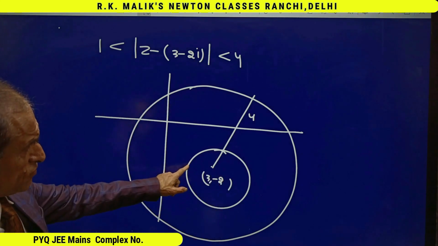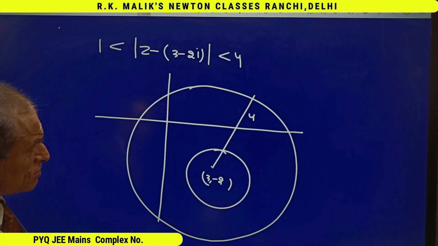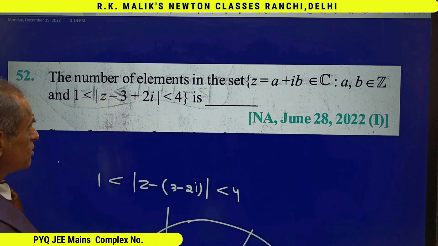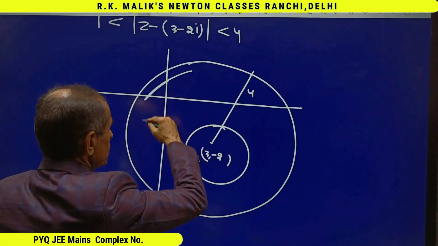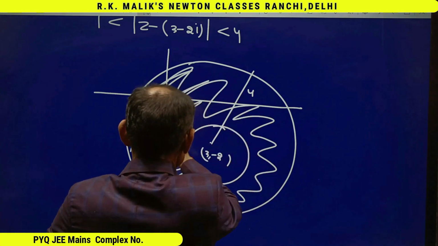The radius of this circle is 1, the radius of this circle is 4. In other words, this equation represents all these points.